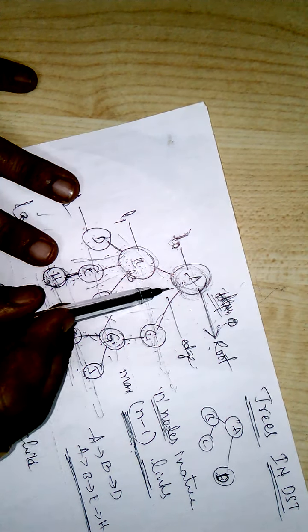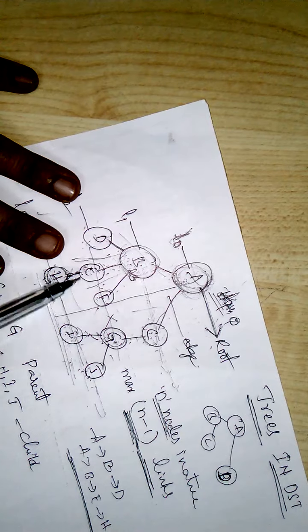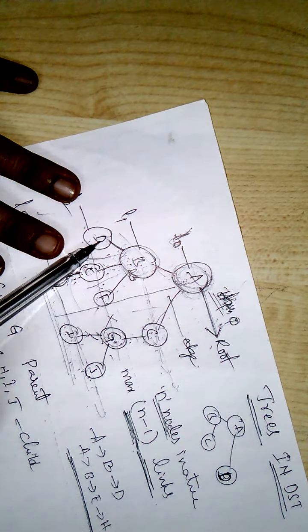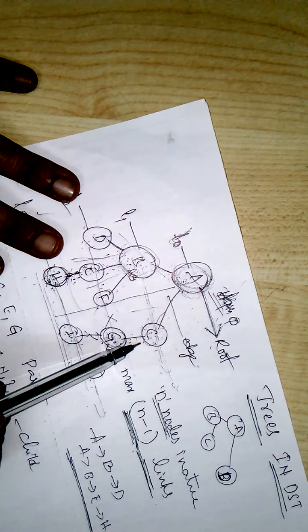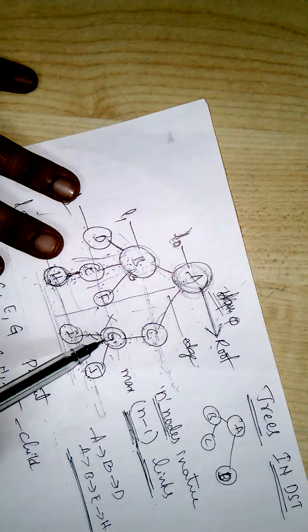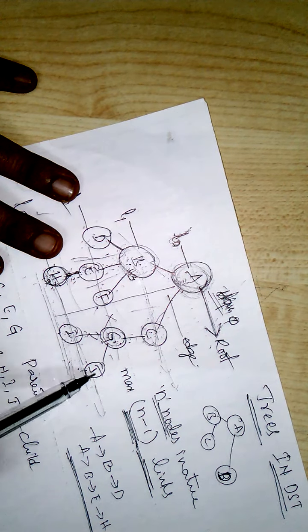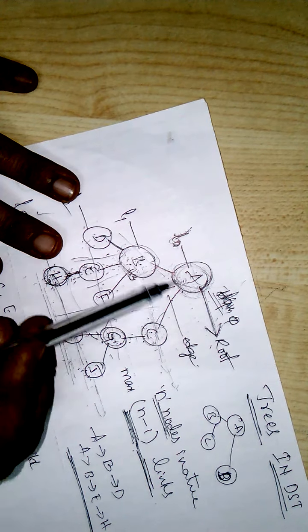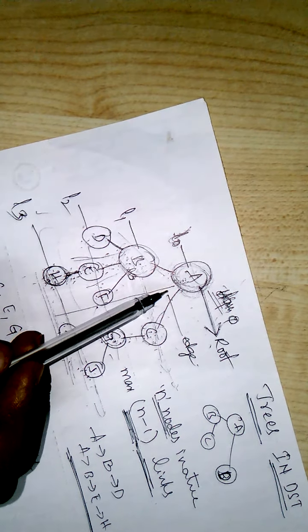What is the degree of B? 3. 1, 2, 3. What is the degree of C? 1. What is the degree of G? 2. 1, 2. What is the degree of E? 1. Degree means the total number of children of that node.